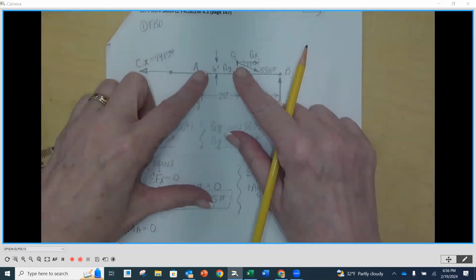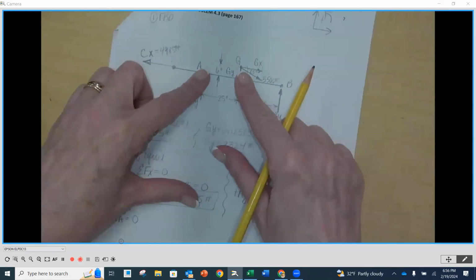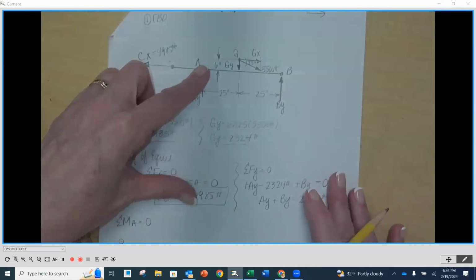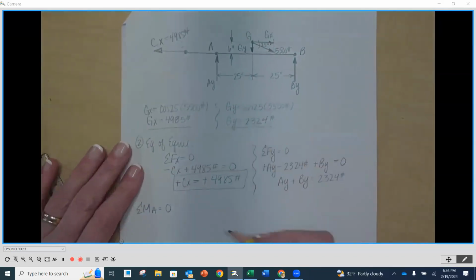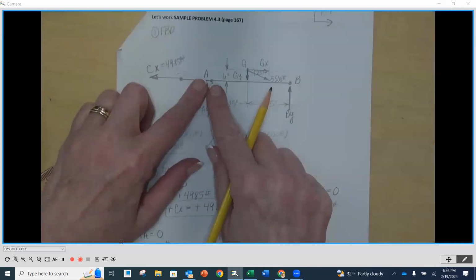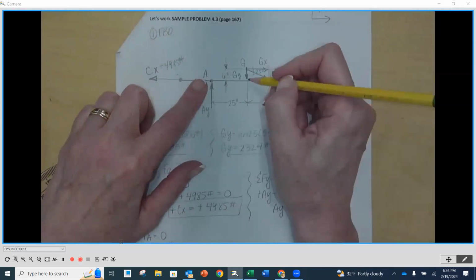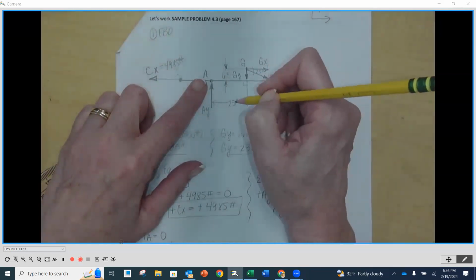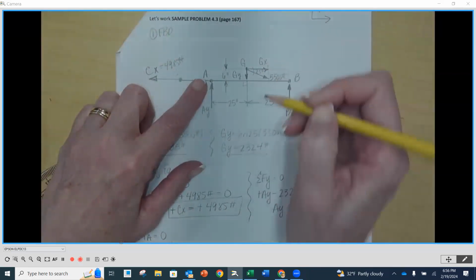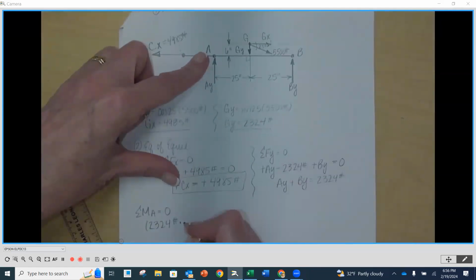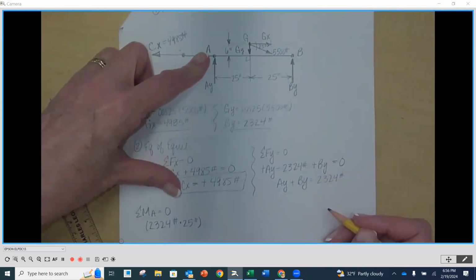But when we go to GY, that is going to cause rotation, okay? So our GY magnitude is 2324. So 2324 pounds times perpendicular distance. GY is right here. So the perpendicular distance is 25 inches. You see that? 25 inches. Okay. GX is offset.